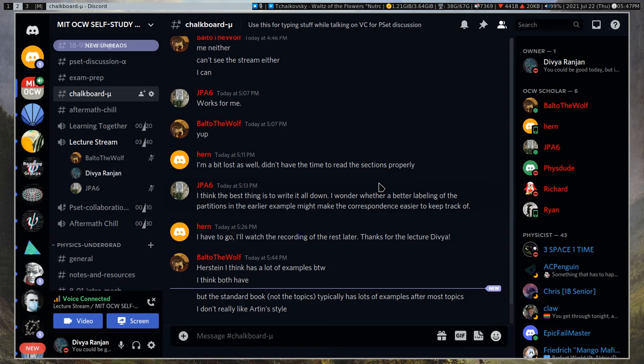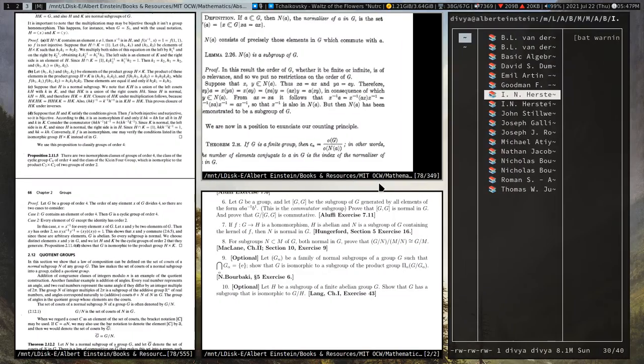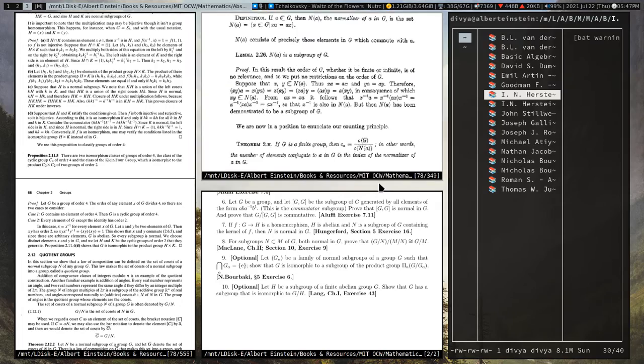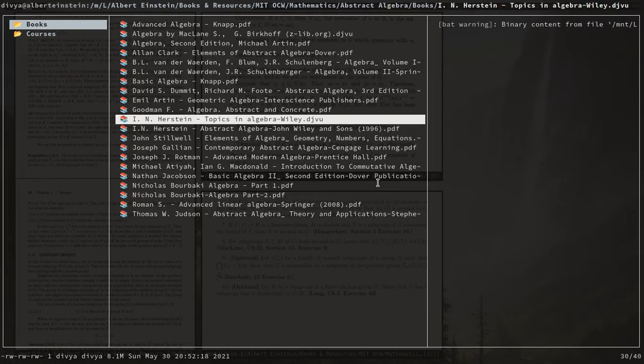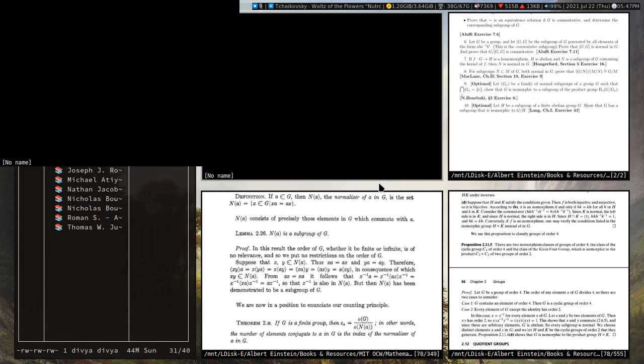The standard book then is, what was that? Abstract Algebra. I think that was for undergrad students or something like that. Not sure.